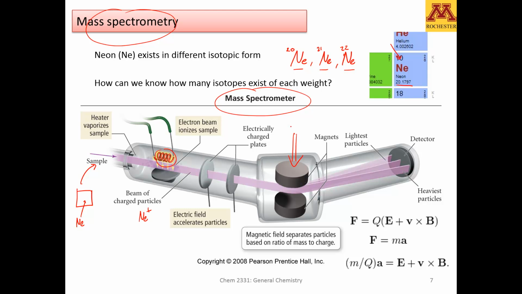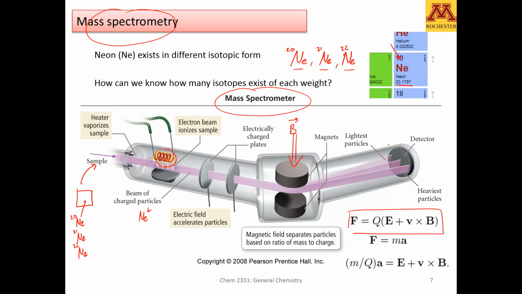The magnets create a magnetic field, and if you have taken physics, you may be familiar with the Lorentz force. What's important to understand is that your sample of neons, in which you had neon 20, neon 21, and neon 22, will be deflected differently.